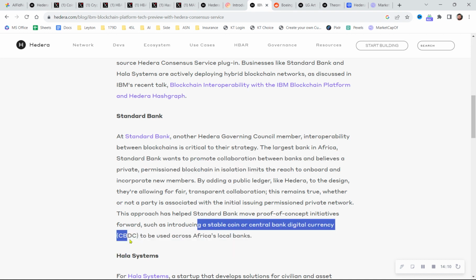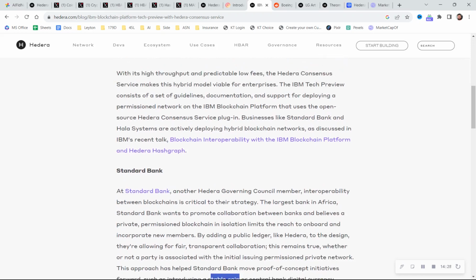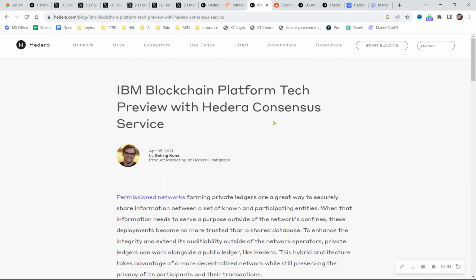And here it calls out a CBDC as well. And now we have the stablecoin option as well. So it has become that much cheaper and that much easier to actually implement this.